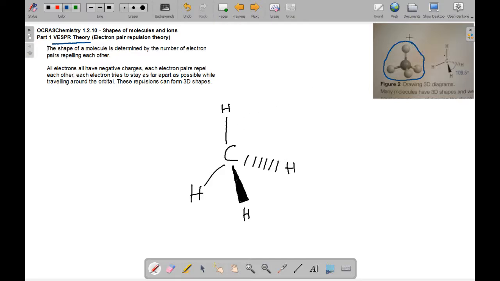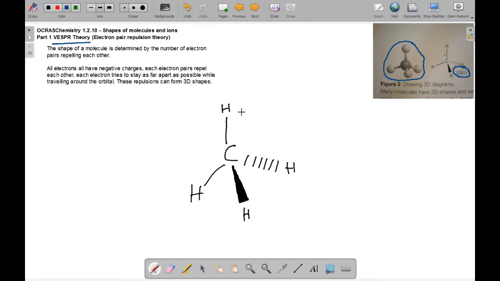Methane, CH4, can form these 3D shapes, and because of the way the electrons repel each other, they always have a bond angle, which is represented here. But there are rules to this, and I will talk about them later. These lines mean that this one is in a straight linear plane.